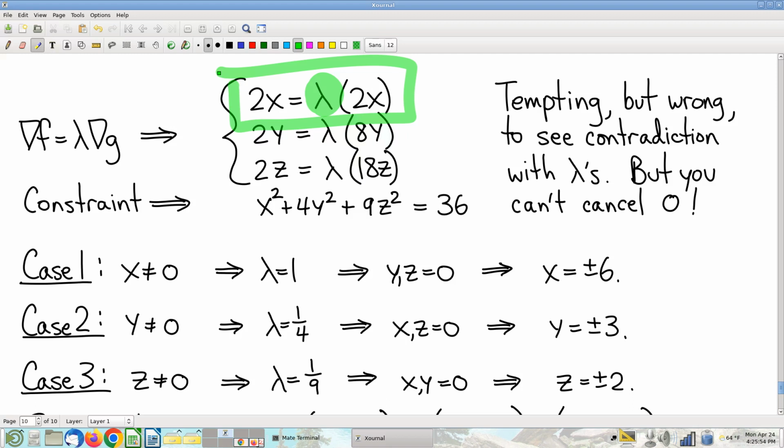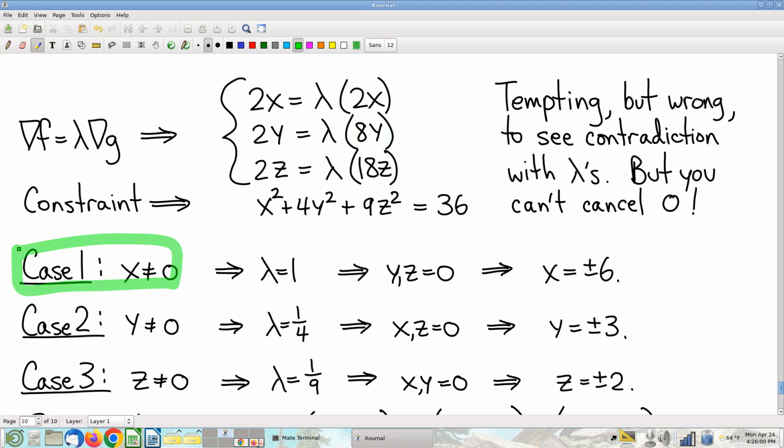So how do we deal with it? Well, we have to break it down into cases again. We'll start by considering the possibility that x is non-zero. Now, once you have x is non-zero, then you truly can cancel the x's. You truly can, therefore, solve for lambda and get lambda equals 1.